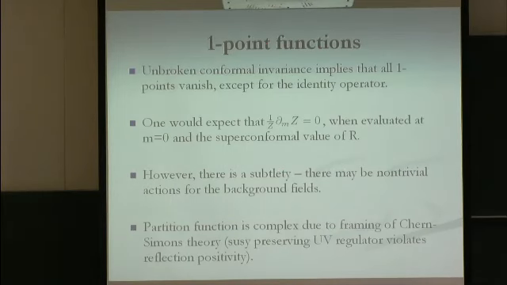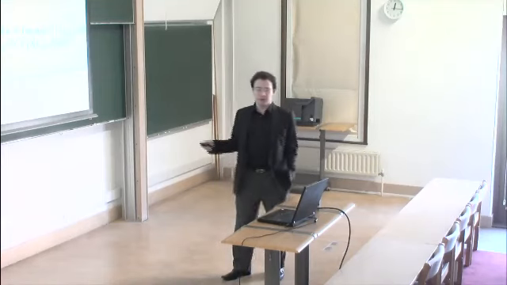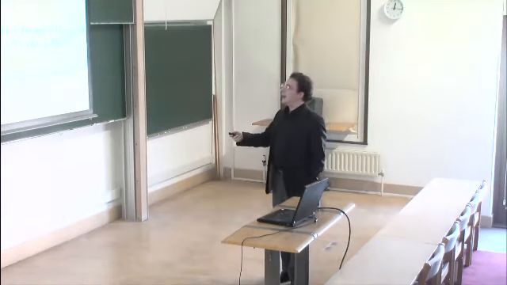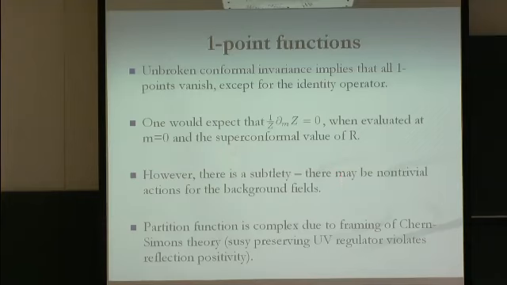But the subtlety is that there might be some non-trivial actions for the background fields. The real masses are part of background vector multiplets, and this partition function computed using localization is complex because you actually used a UV regulator that violated reflection positivity.